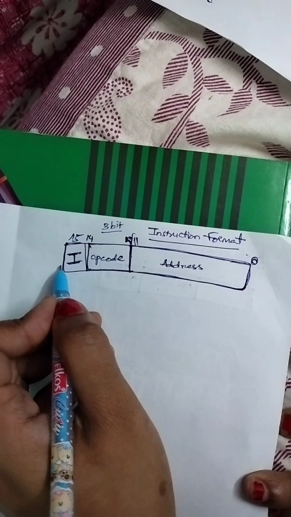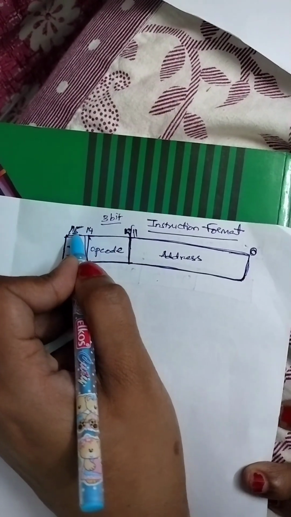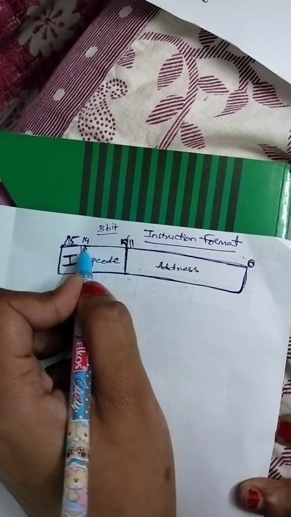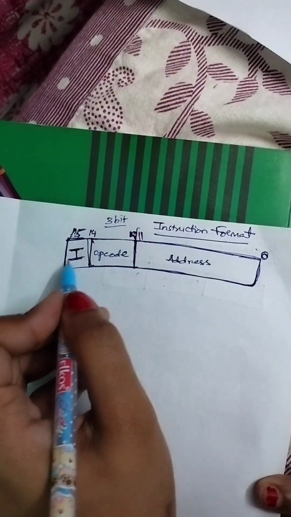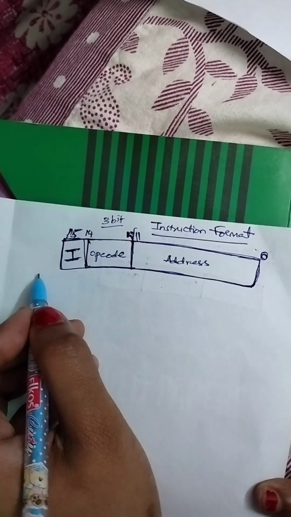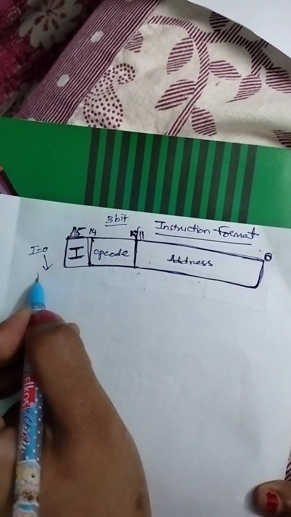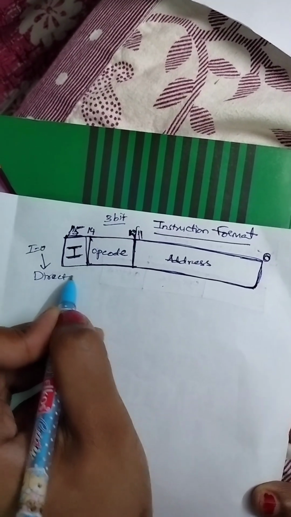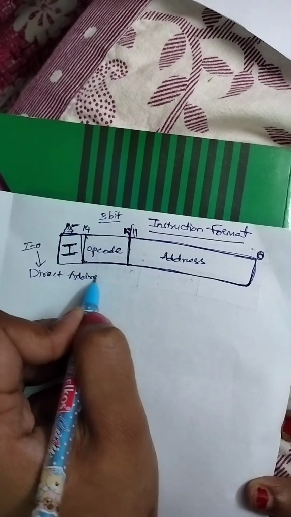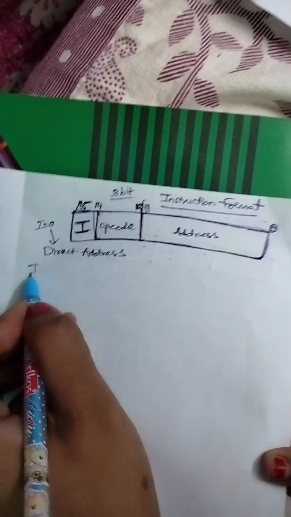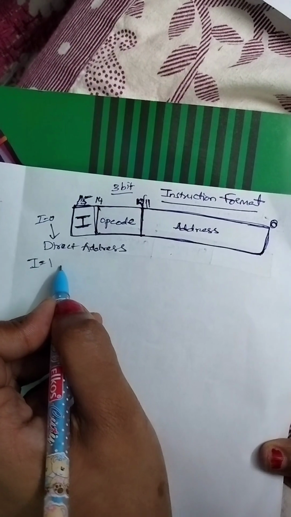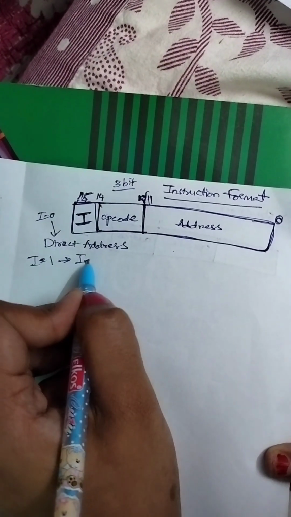The size of this I is 1. If I is 0, it is direct address. If I is 1, it is indirect address.